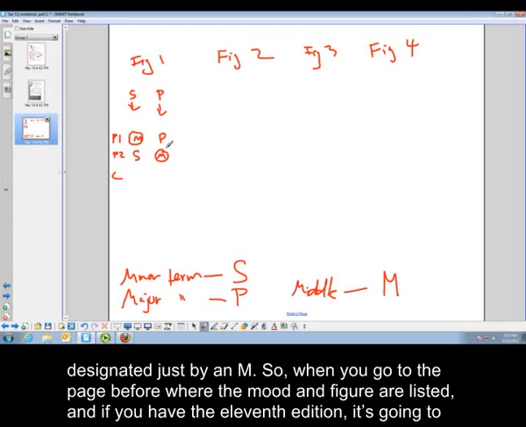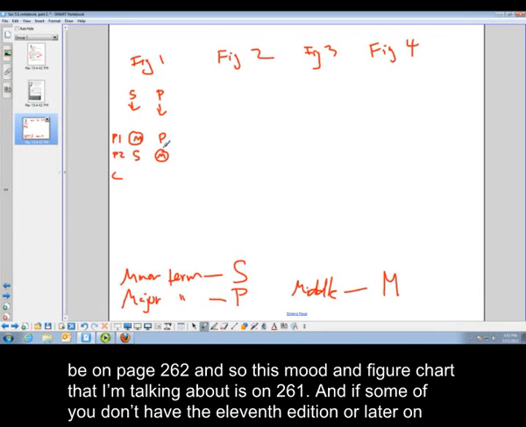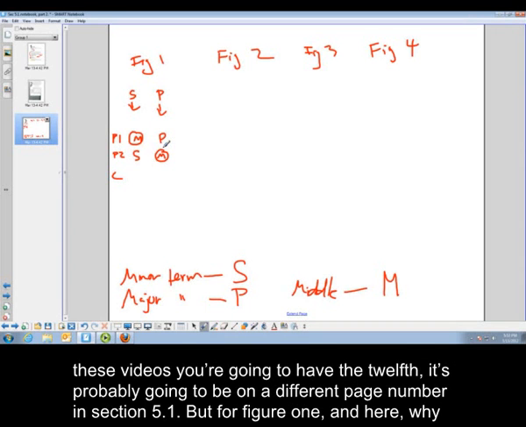Okay, so when you go to the page before where the mood and figure are listed, if you have the 11th edition, it's going to be on page 262. And this mood and figure chart that I'm talking about is on 261. If you don't have the 11th edition, or later in these videos you're going to have the 12th, it's probably going to be on a different page number in section 5.1.